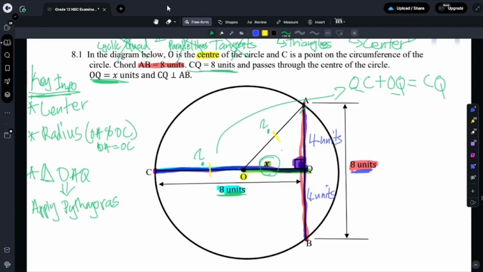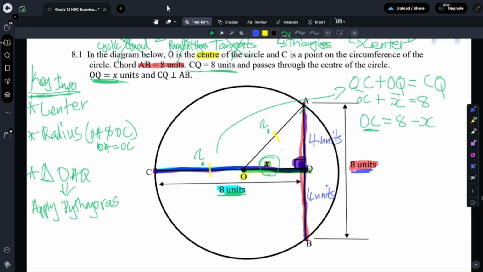So OC, our unknown, plus OQ, which is X, is equal to CQ, which is 8. So you can isolate OC and leave it on the left hand side of our equation. So we've got OC is equal to 8 minus X.